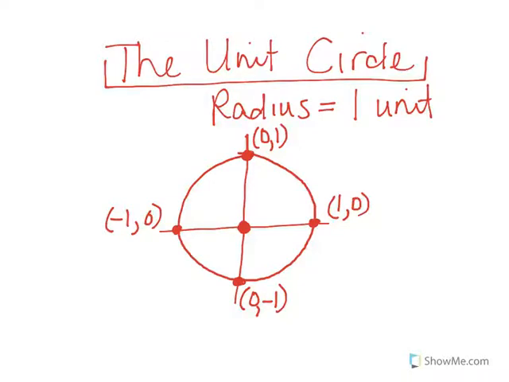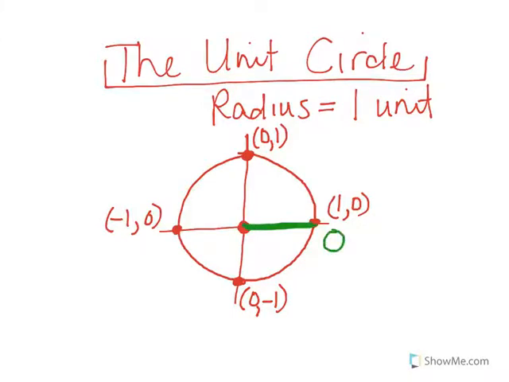Now we're also going to be talking about some angle measures. So we consider the positive side of the x-axis the starting point when we read off of the unit circle. Considering that it's the starting point, we consider this to have a measure of 0 degrees or 0 radians.